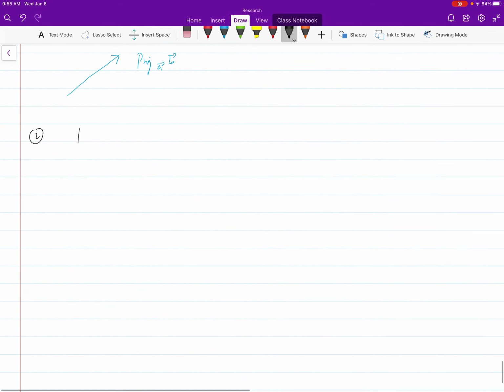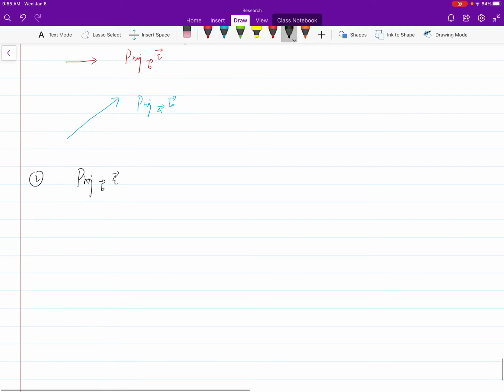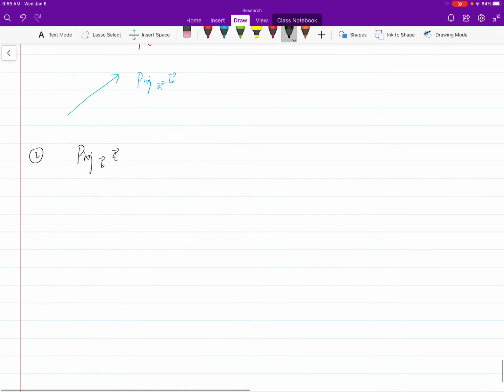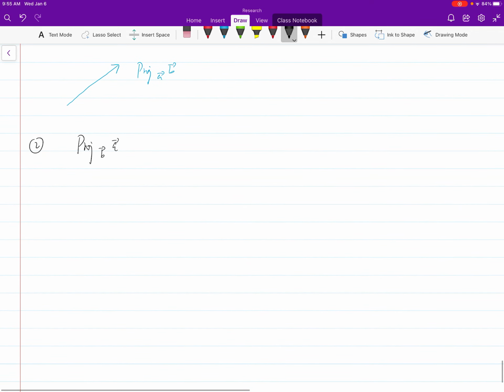Second, if you're talking about the projection of A on B, no matter how you do the formula, B only provides you with a direction. So the length of B should not matter. I will give you some examples.